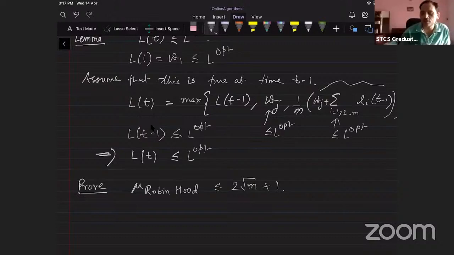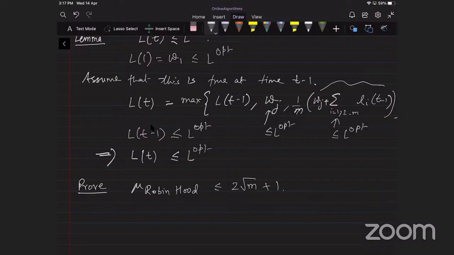No, it doesn't. So among MJ, we are not saying which is poor and which is rich. See, a job J arrives, it can only be assigned to one machine in MJ. We have no clue how small or how large MJ is. Does that answer your question? Yes, yes. Okay.